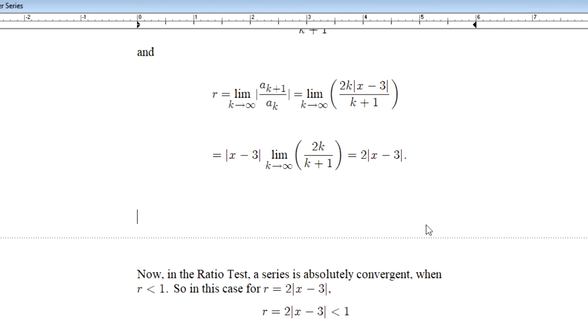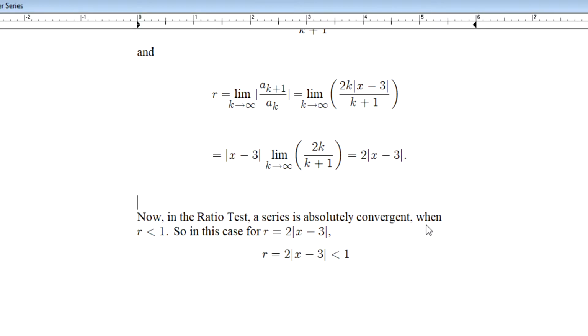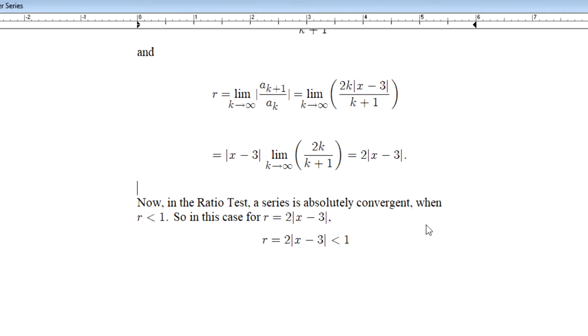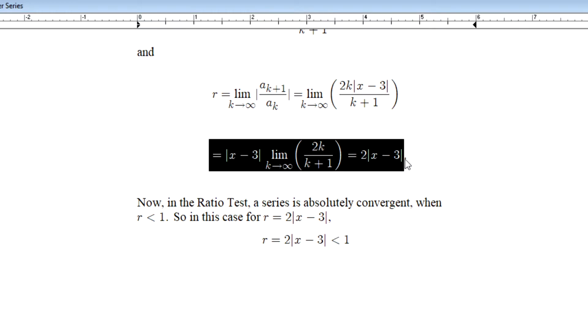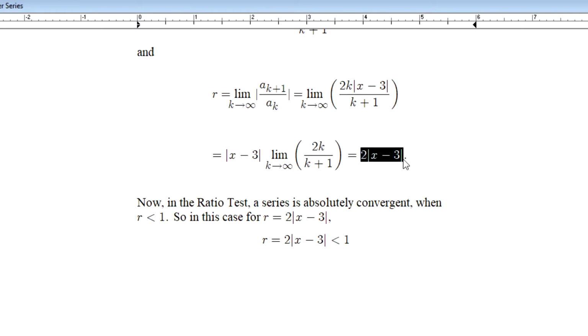We'll come back and take note that in the ratio test, a series is absolutely convergent when its value of r is less than 1. Up here, the value of r we just calculated was given by 2 times the absolute value of x minus 3.